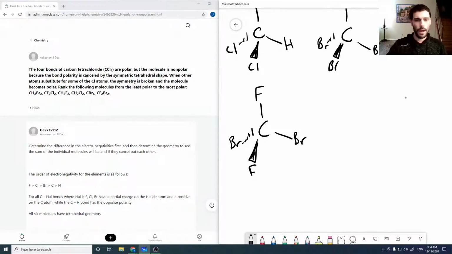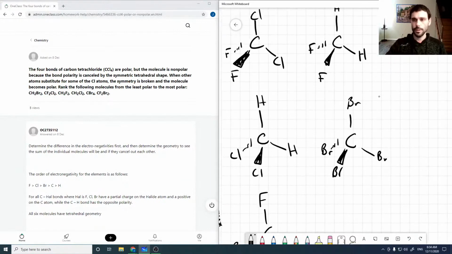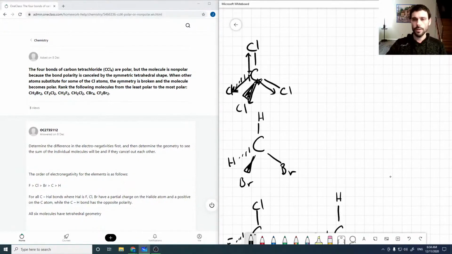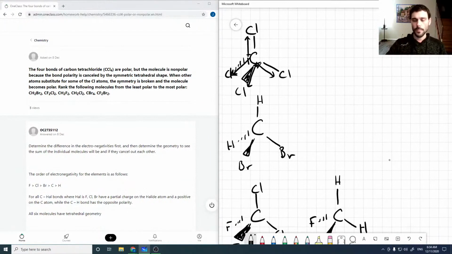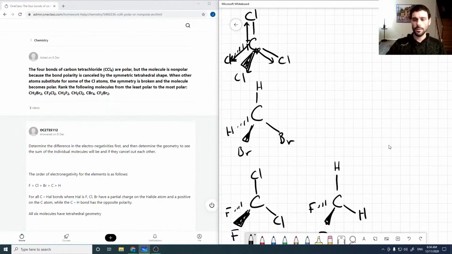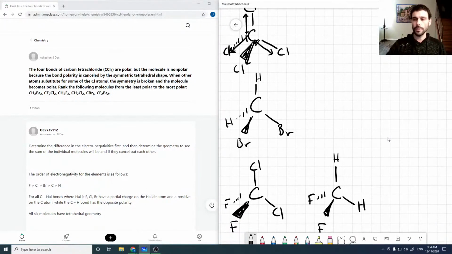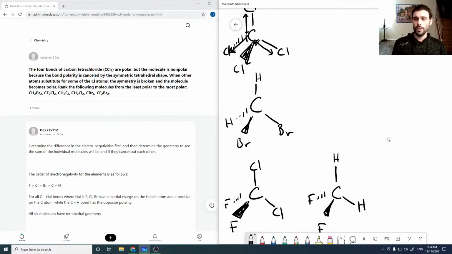Now, it wants us to rank these molecules from least polar to most polar. So to do that, we need to consider what each bond's polarity is and how it's going to add up in the molecule. If we're looking for polarity, we're really looking for either electronegativity or electron withdrawing strength.